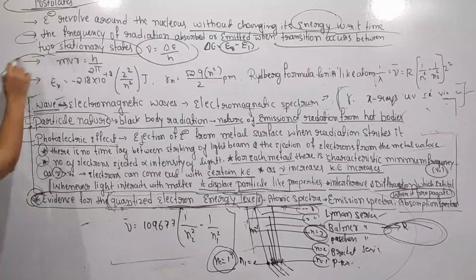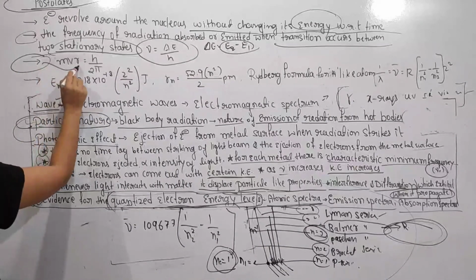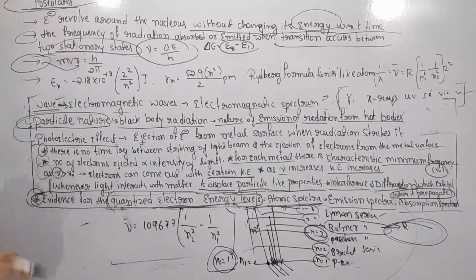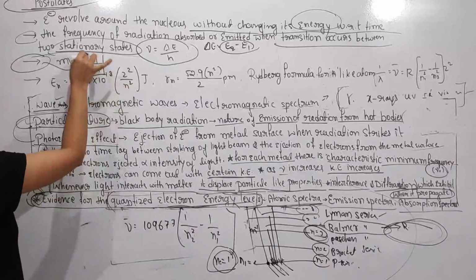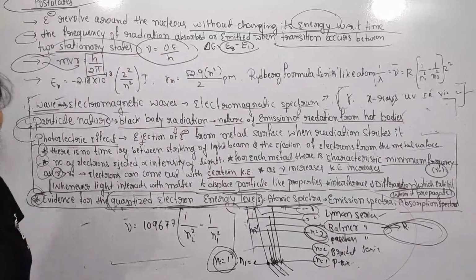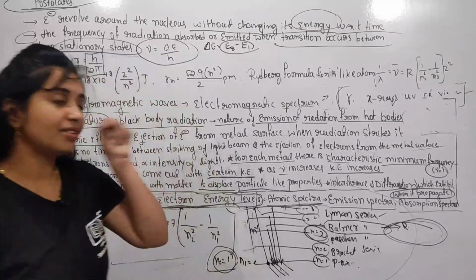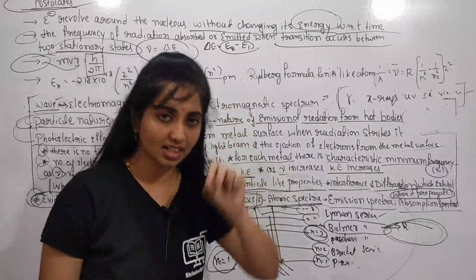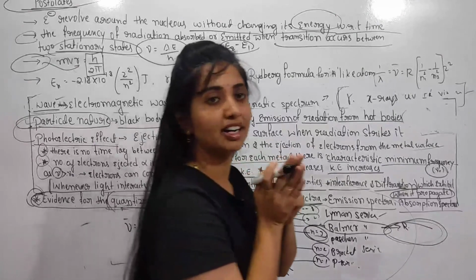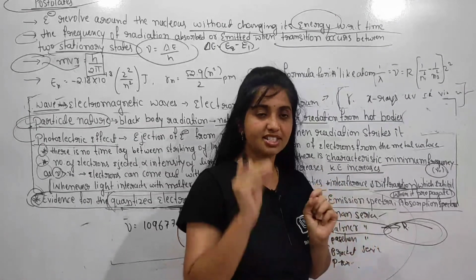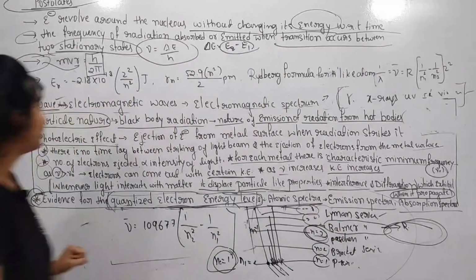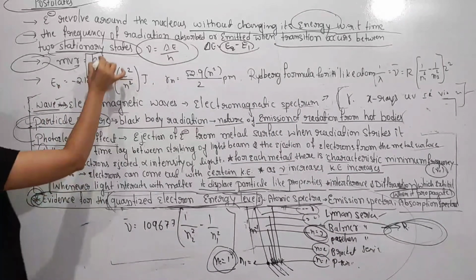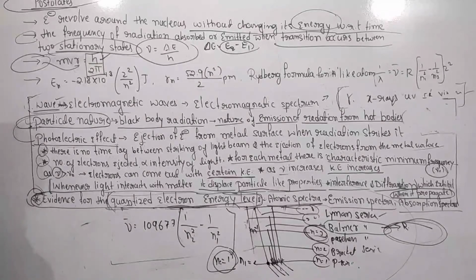And the next postulate is that angular momentum is quantized and is equal to an integral multiple of h divided by 2 pi. So what he says is, an electron has a certain angular momentum, and that angular momentum is quantized, meaning it is available only in particular values. What are those values? Integral multiples of h divided by 2 pi.